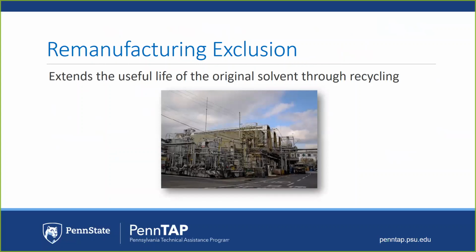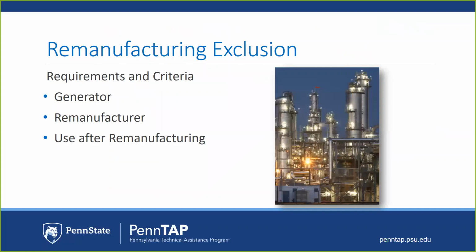It excludes from the definition of solid waste higher value hazardous solvents which are remanufactured into commercial grade products. This exclusion sets requirements and criteria for each of the following: the generator, the remanufacturer, and the use after remanufacturing.